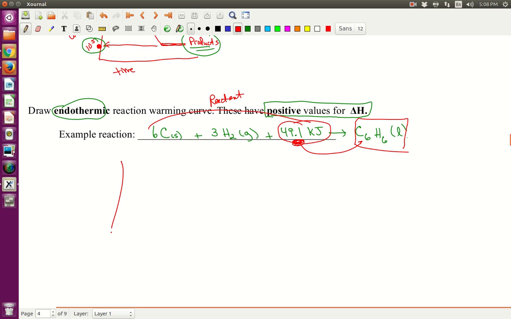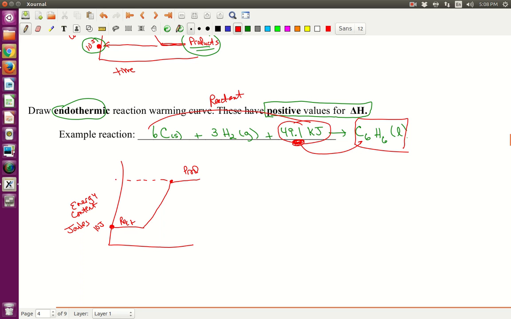So the warming curve for an endothermic reaction, we start off with, again over here, energy content in joules. We start off with the reactants down here, and maybe that's 10 joules. And then the products are up here. So that's the product side and the reactant side. Remember, the reactant side comes first.